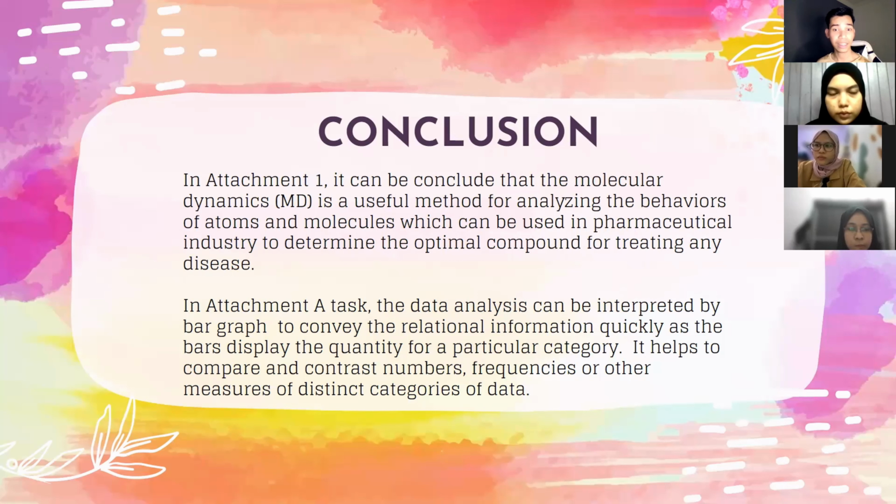In the attachment A task, the data analysis can be interpreted by bar graph to convey relational information quickly, as the bars display the quantity for a particular category. It helps to compare and contrast numbers, frequencies, or other measures of distinct categories of data.